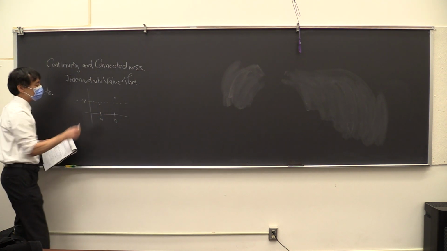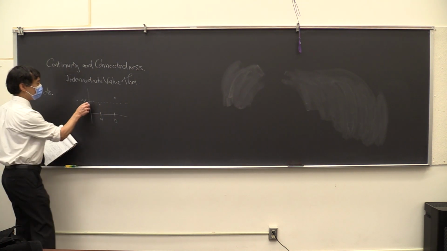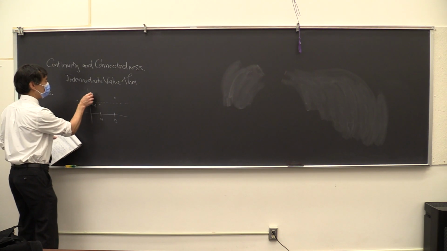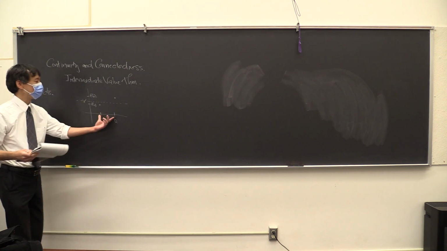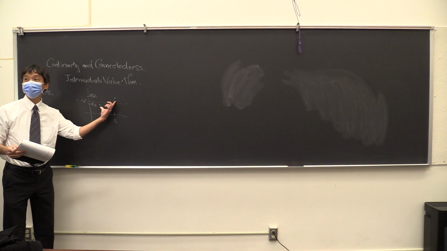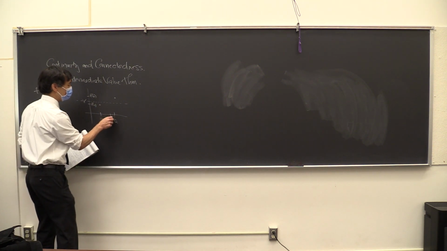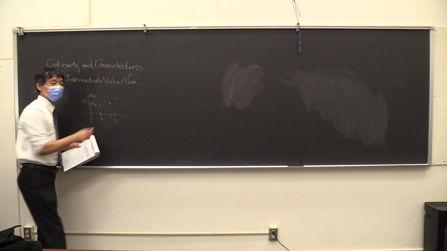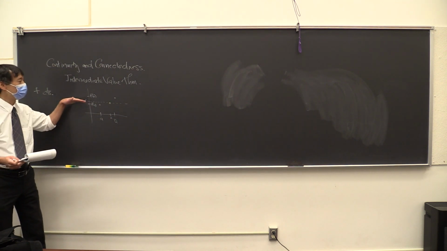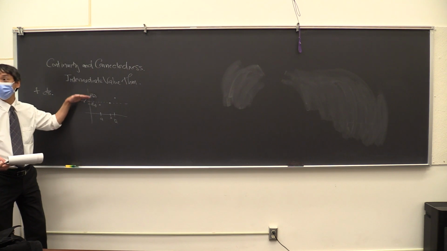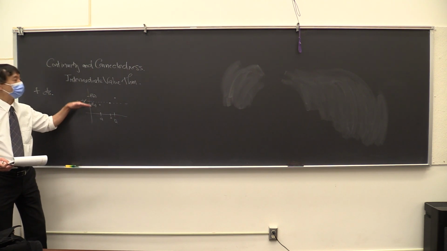So you're guaranteed that if your function is continuous and these two points have different values, there's some point between a and b where you attain that value. You're definitely going to hit that value. In other words, you skip no values.